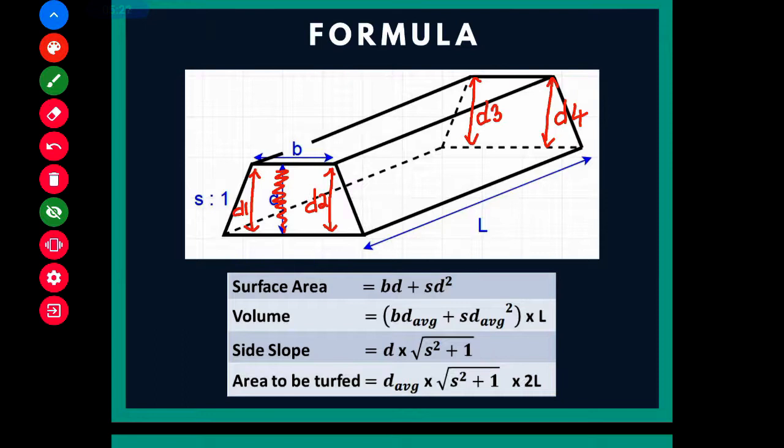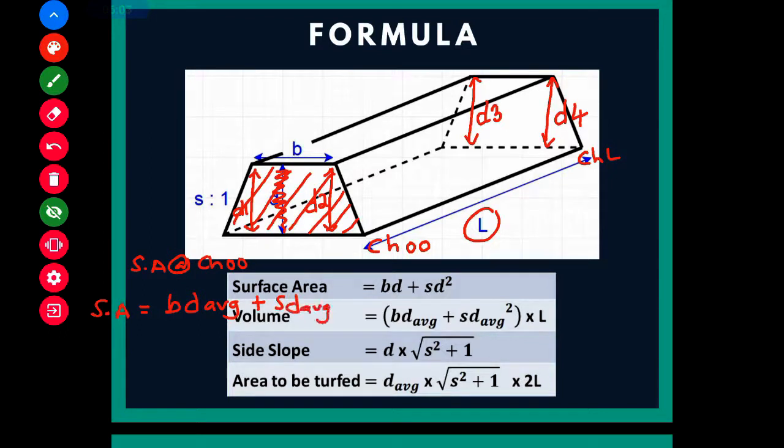For the front, we can set it as chainage 0+0, and at the back we can say it is chainage L, because the length here is L. So for the surface area at chainage 0+0, meaning this area, the formula is surface area equals B D average plus S D average squared.